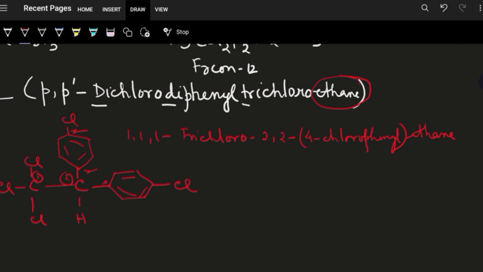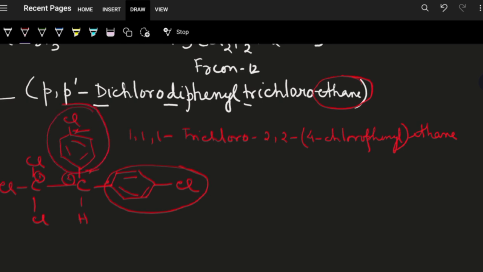Now, this type of linkages, where you have two linkages like this, for this we can write a bis over here. Generally we use it for chelating ligands, but here it is bis. It's a big structure. So bis means two. Two such structures are there, 4-chlorophenyl ethane.